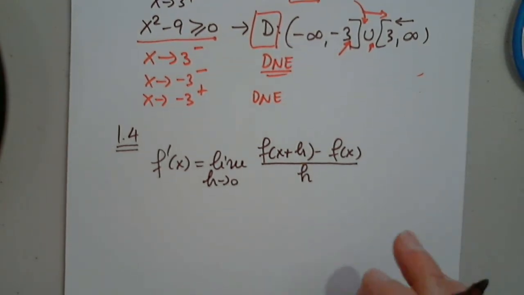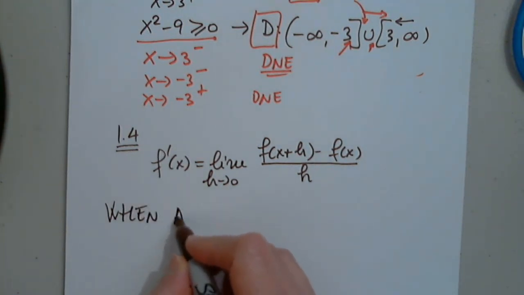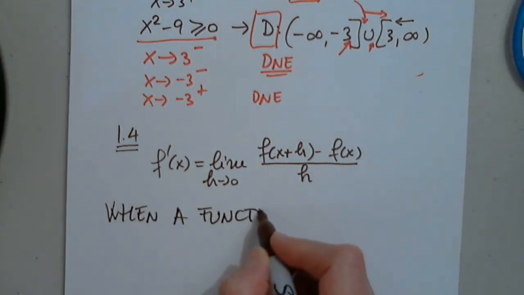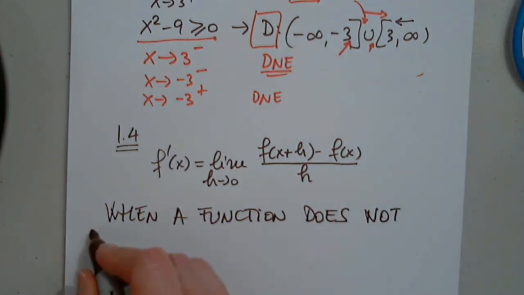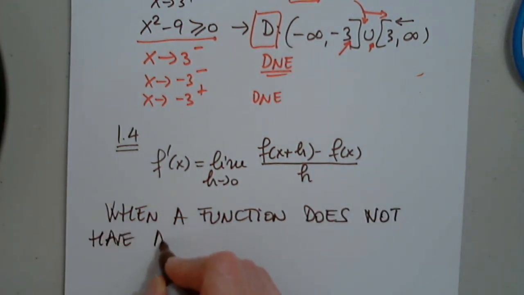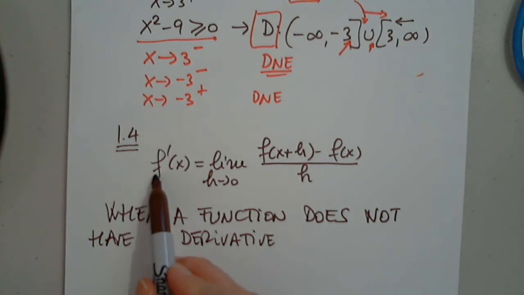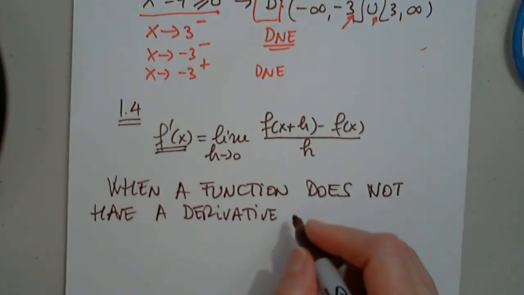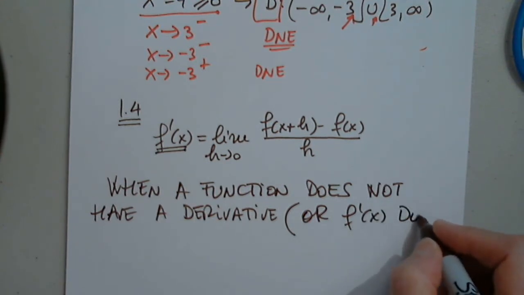When a function does not have a derivative, in which situations does f prime not exist?